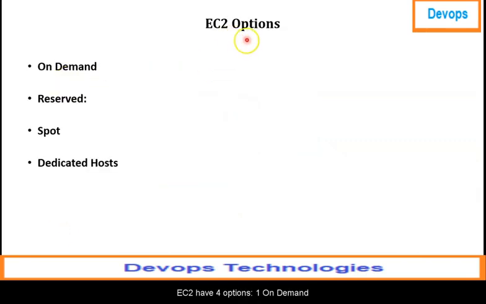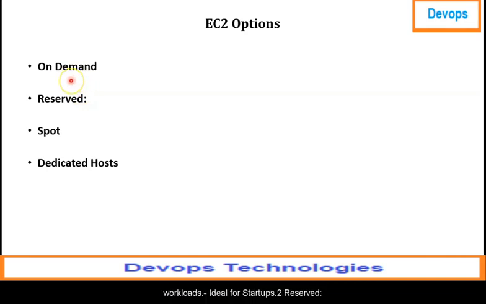EC2 has four options. First option is on demand. Pay a fixed rate by the hour with no commitment. This option may be used by users wishing for low cost and flexibility without any upfront payment or long-term commitment. It may be used for applications with short-term, spiky and unpredictable workloads.